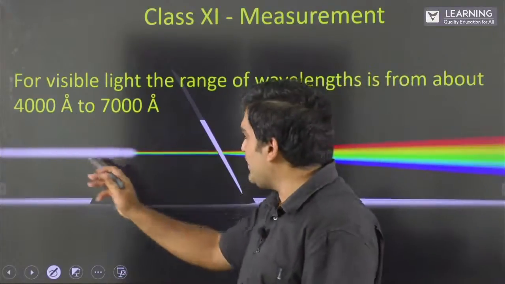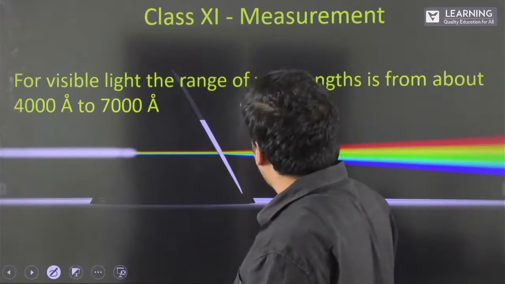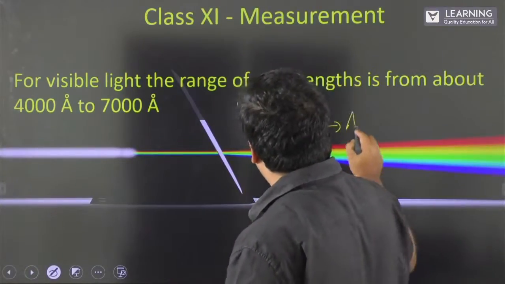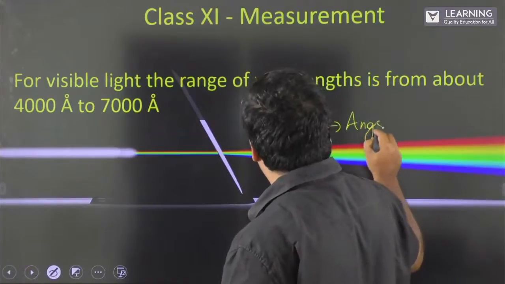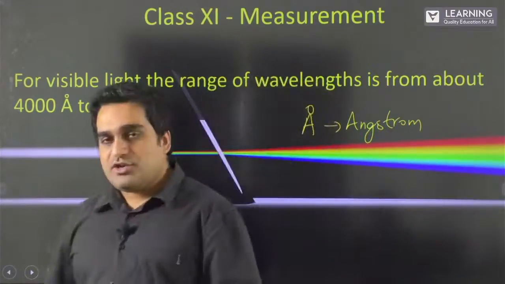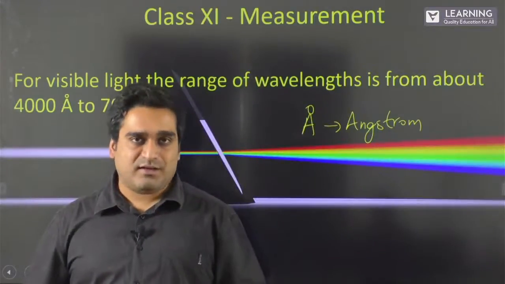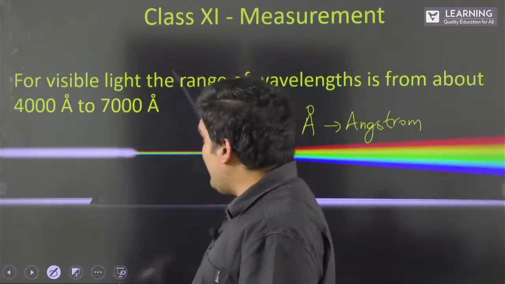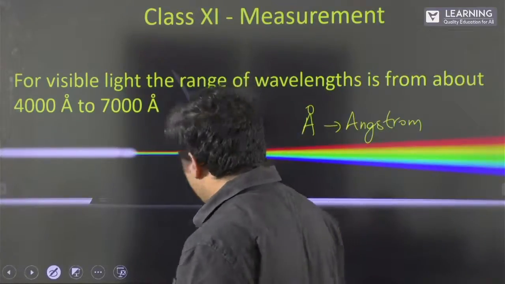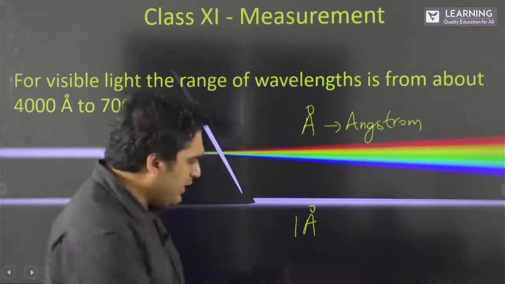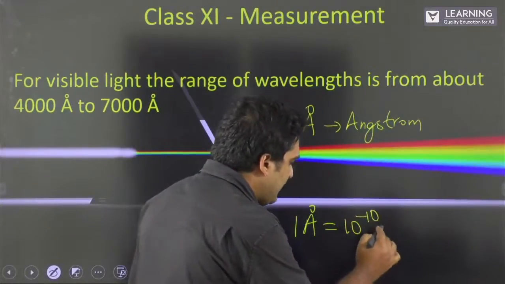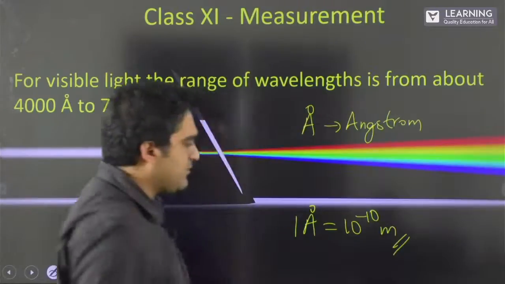This symbol here, where you write A with a circle on top, is an angstrom. It's a unit of measurement for light. So 1 angstrom is of the order 10 raised to minus 10 meters.